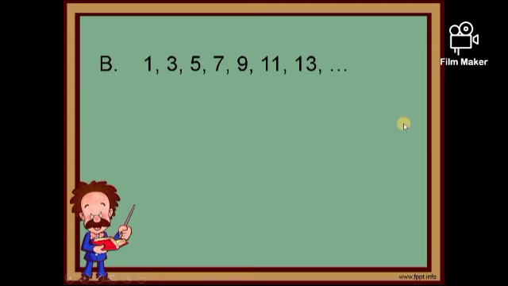Letter B, number 2. 1, 3, 5, 7, 9, 11, 13, and so on and so forth. Now, if your answer is not a geometric sequence, well, congratulations, you are correct. So let's see why. If we take the common ratio, second term divided by the first term, 3 divided by 1 will give us 3.